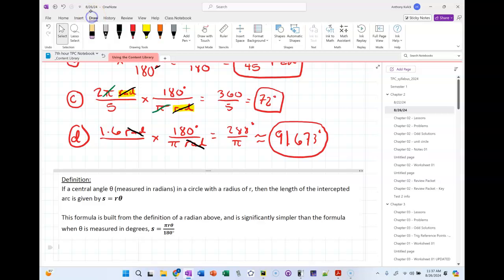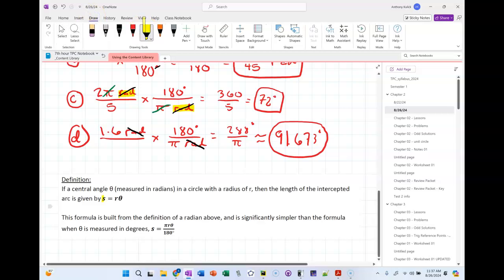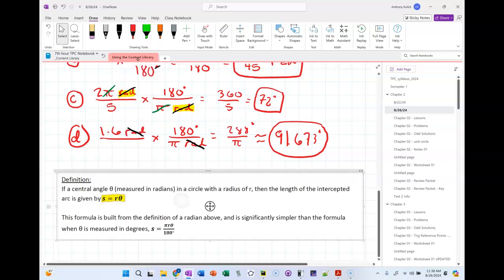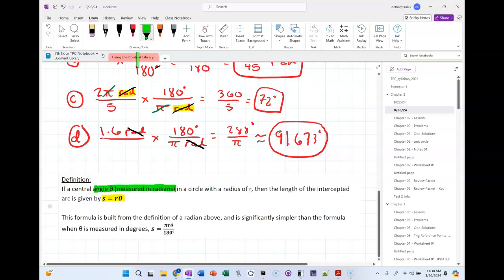The first arc length formula is S equals R theta, where S is the arc length, R is the radius of the circle that your angle is inscribed in, and theta is the measure of that central angle, where theta is measured in radians.